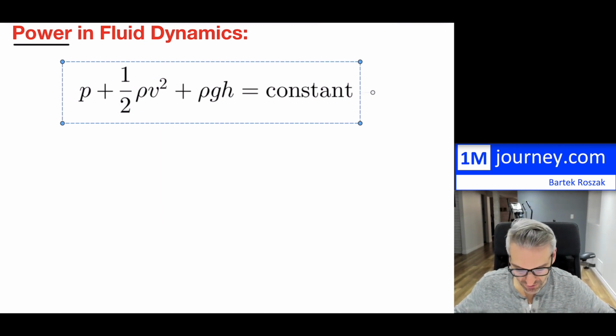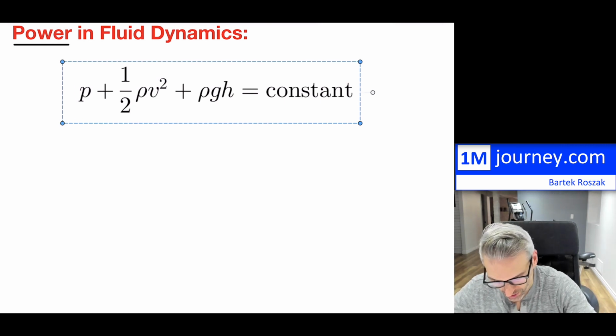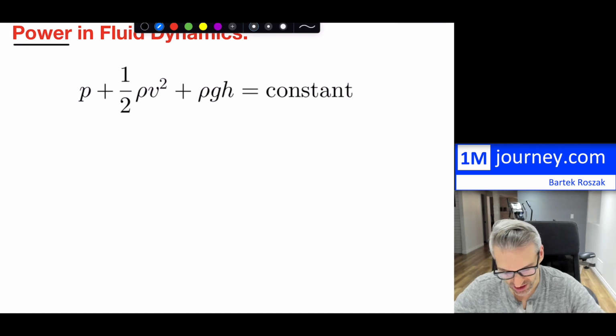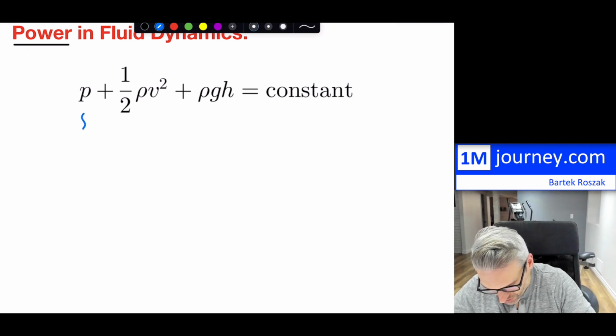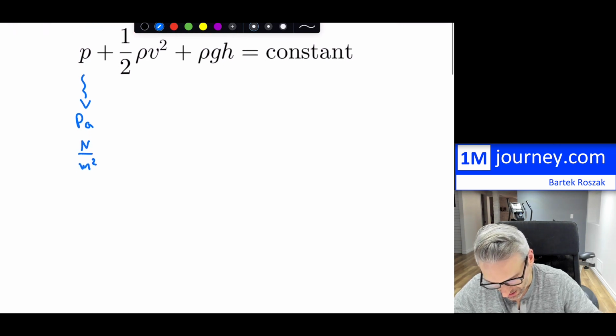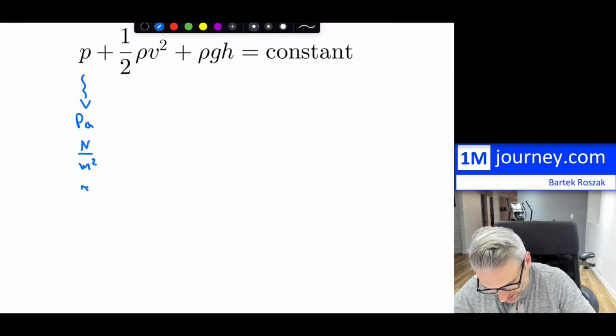Each of these terms, you may recall, is related to energy. So Bernoulli's equation is kind of like conservation of energy. Although this is in pascals, we can write pascals as simply Newton per meter squared, which comes from pressure, and this can also be written as joules per meter cubed.